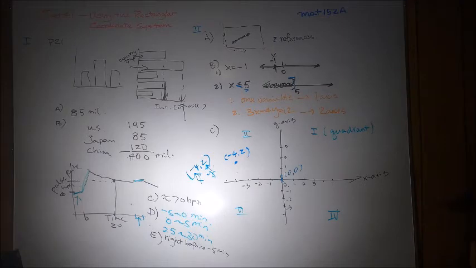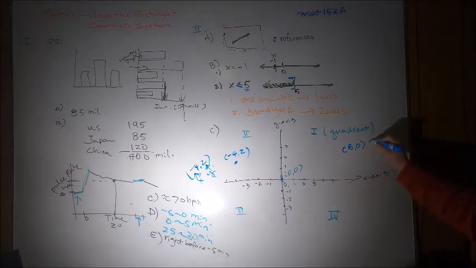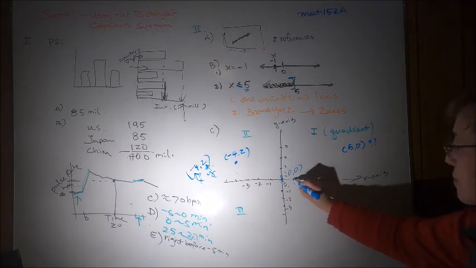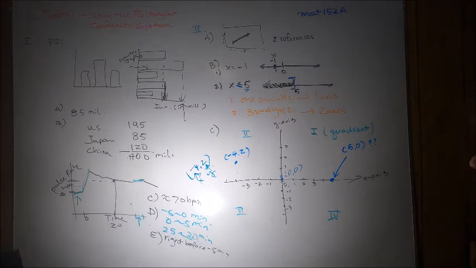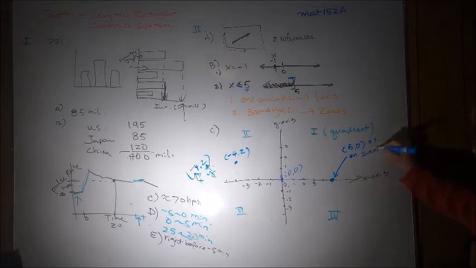And if we ask you, where is (5, 0)? What do you think? Is it in here? Any quadrant? Any quarter? Not really. It's where? 1, 2, 3, 4, 5. It's right here. It's not in any quadrant. It is on the x-axis.